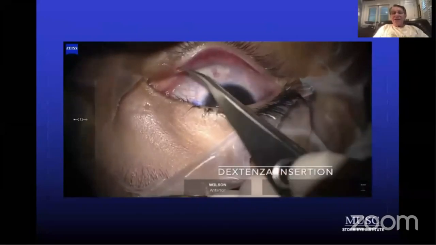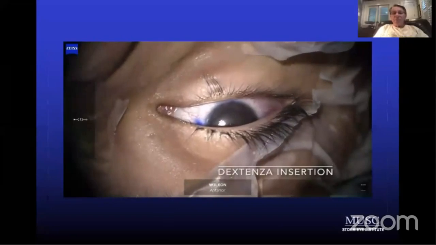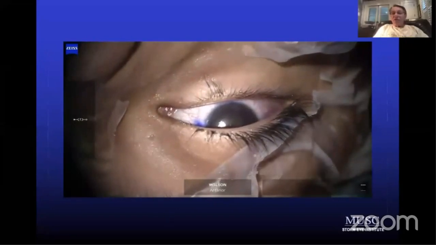And this is a Dexamethasone Insert being placed in a young child's puncta after surgery, and it will release the drug on a taper that is defined. It releases drug even when the child's asleep. And I find this to be an advantage.